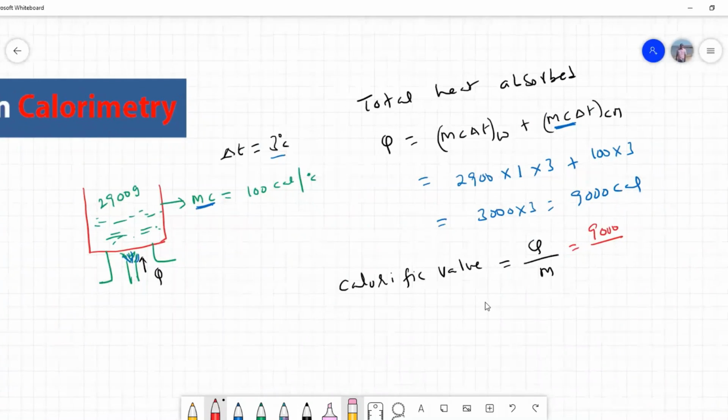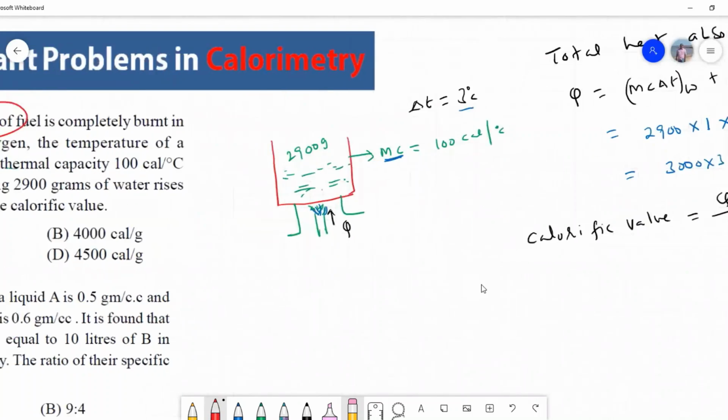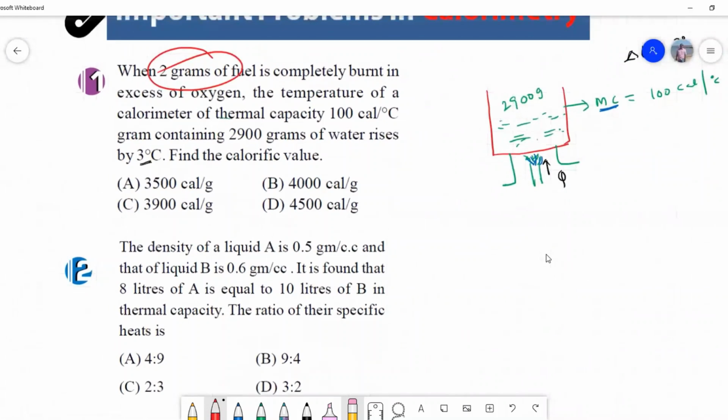So let's substitute 9000 upon 2. So this is nothing but 4500 calorie per gram. That means for every 1 gram of this fuel, we can supply 4500 calories of energy. So the answer is option number D. It is supplying 4500 calories per gram. That is the calorific value of that particular fuel.